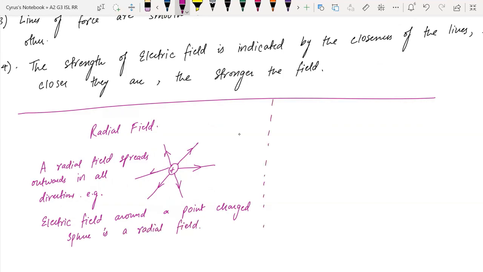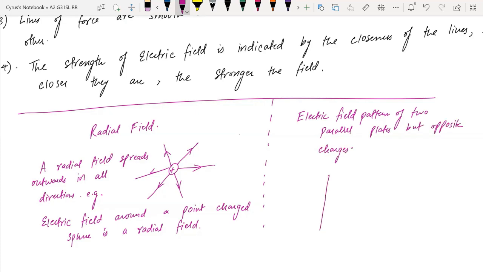What sort of pattern can you get for electric field around two parallel plates of opposite charges? That is going to look precisely like this. So what's happening is that the electric lines of force are going to go like this. ये बिल्कुल straight parallel होंगी और ये एक uniform field आपको नजर आ रहा है.